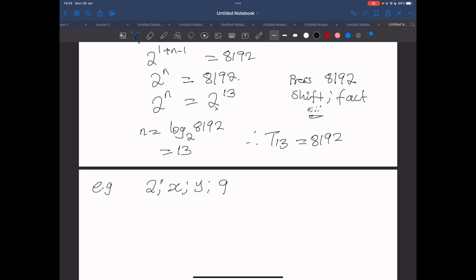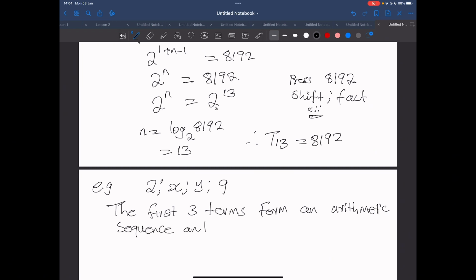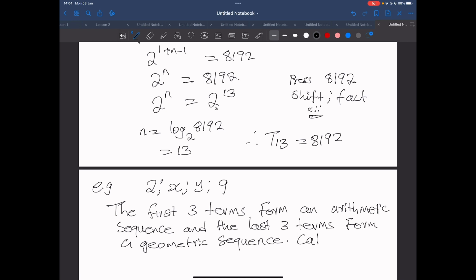We are told that the first three terms form an arithmetic sequence, and the last three terms form a geometric sequence. So calculate the values of x and y.